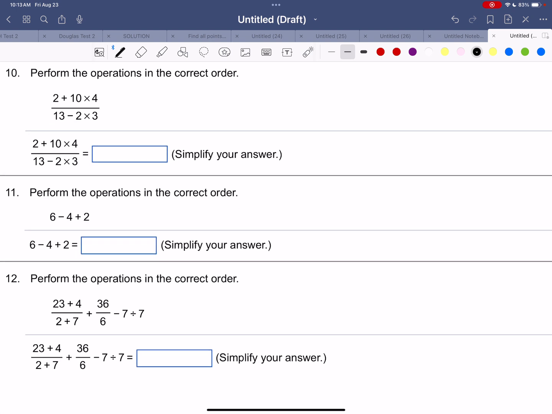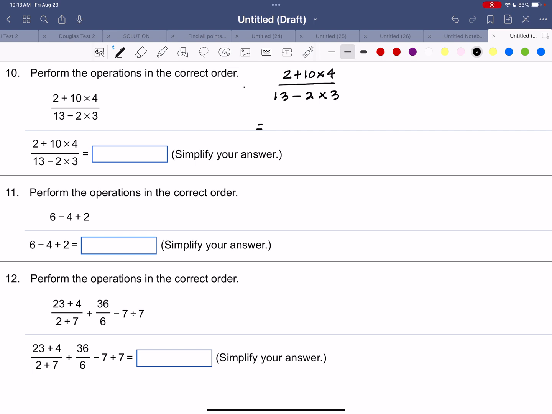Number 10. Got that fraction bar again, so I'm going to copy the problem. 2 plus 10 times 4 is in the top, or the numerator, of my fraction. 13 minus 2 times 3 is in my denominator. I have to do the whole numerator and then the whole denominator, and divide last.